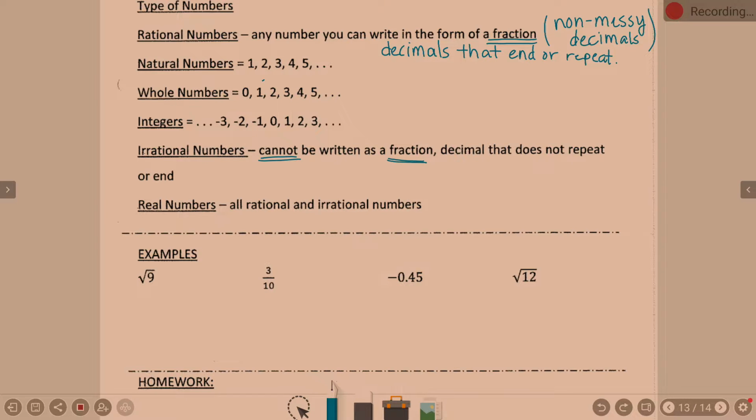So it's the opposite of rational. Rational can be written as a fraction. Irrational cannot be written as a fraction. A decimal that does not repeat or end. So up here it's decimals that do end or repeat. This is a decimal that does not end or repeat.